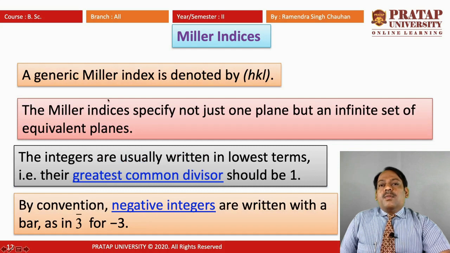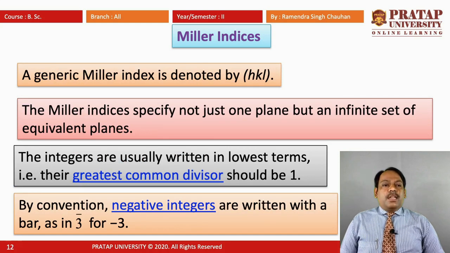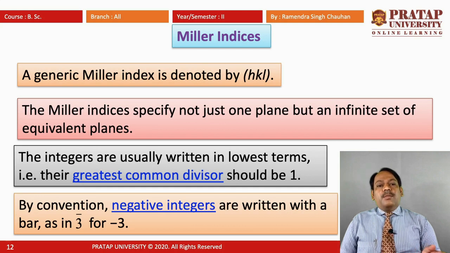Now, some points about Miller indices: a generic Miller index is denoted by HKL. Miller indices specify not just one plane but an infinite set of equivalent planes. It means we are not taking just one plane. If we take HKL, suppose 1, 1, 1, then 1, 1, 1 is the simplest form, and it is parallel to 2, 2, 2, 3, 3, 3, 4, 4, 4 to infinity.